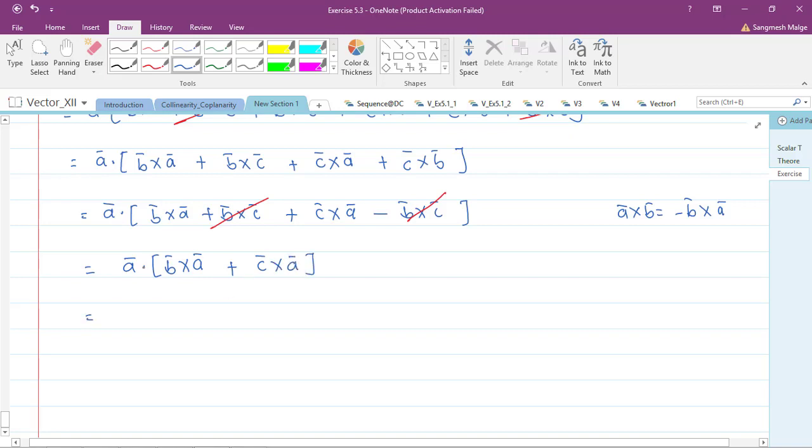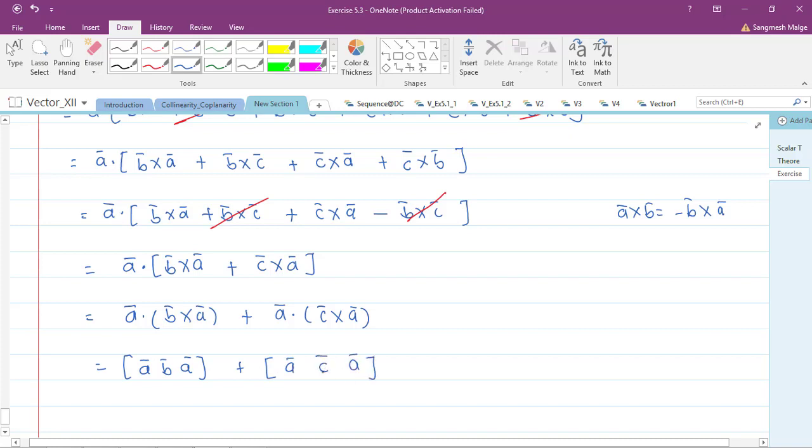So now distribute this dot to both of these terms. So it is a bar dot b bar cross a bar plus a bar dot c bar cross a bar. This is nothing but the box product of a bar, b bar and a bar, and this is the box product of a bar, c bar and a bar.